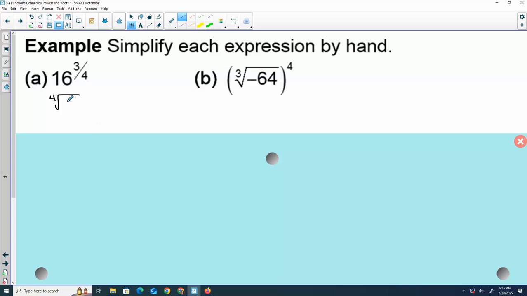The denominator's outside. We have the 4th root of 16. The cube can either go inside or outside the radical. I'm going to put it outside. What is the 4th root of 16? What number times itself 4 times equals 16? Which is 2. So 2 to the 3rd power. 2 times 2 times 2 is 8.